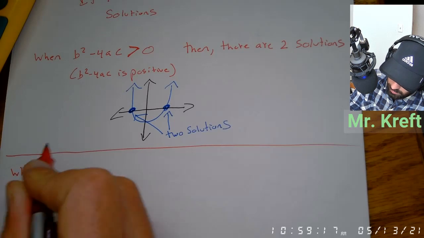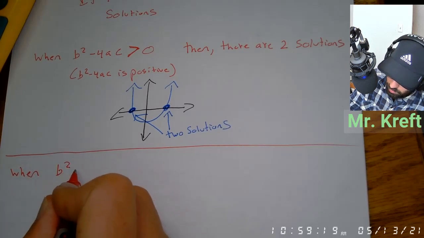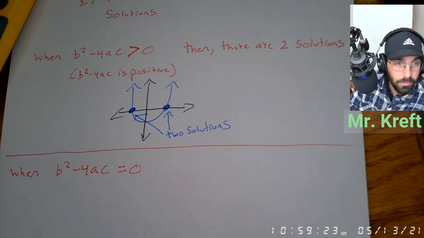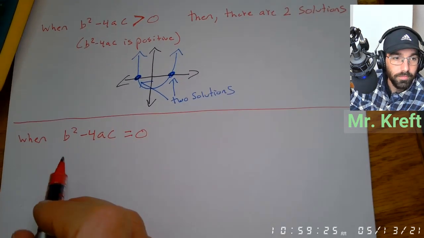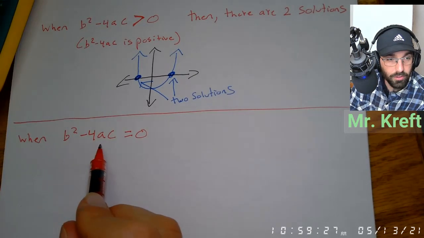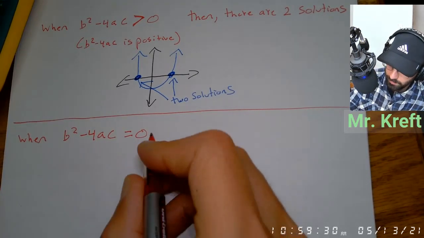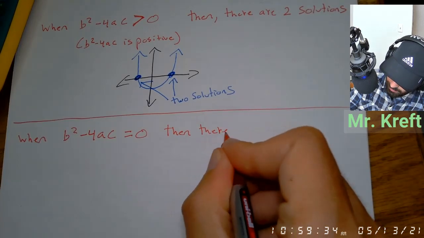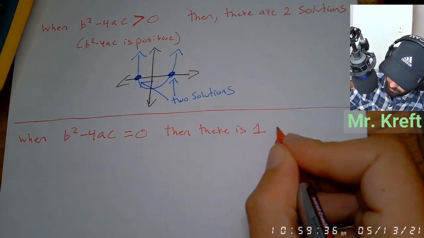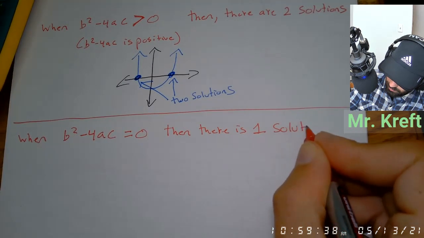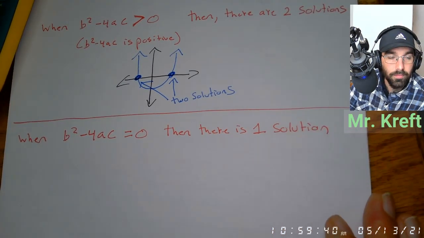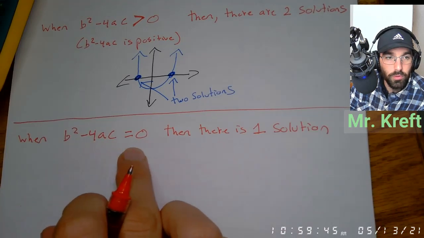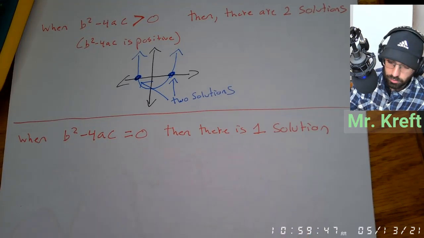Then when the discriminant, b squared minus 4ac, equals 0, there is one solution.